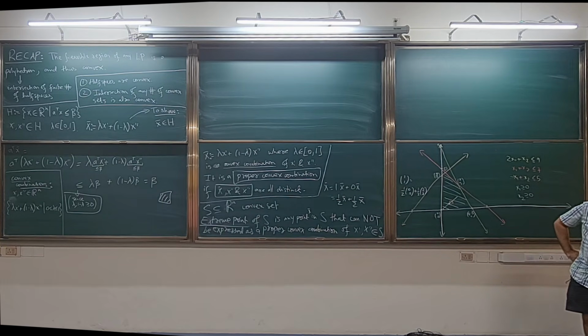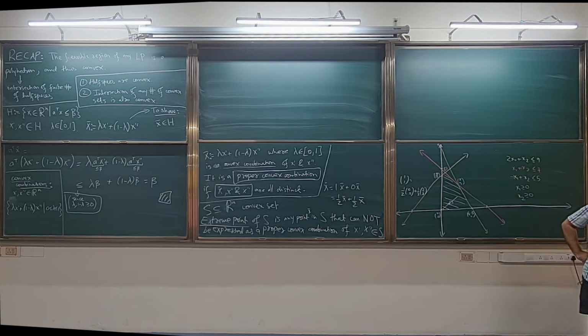So why do we care about the extreme points? Well, as I mentioned earlier, whenever there is an optimal solution to an LP, there is an optimal solution that is also an extreme point.